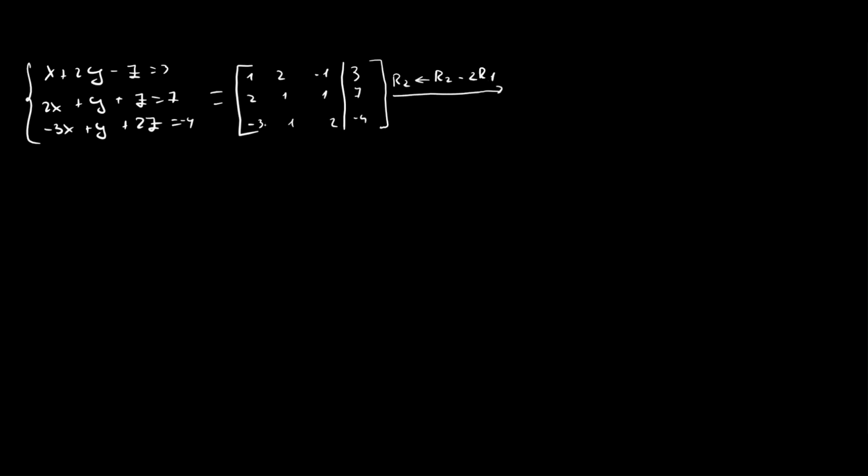And in order for us to get 0 in row 3, we have to add row 1 multiplied by 3 to row 3.